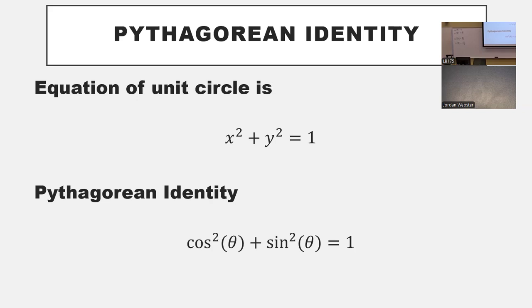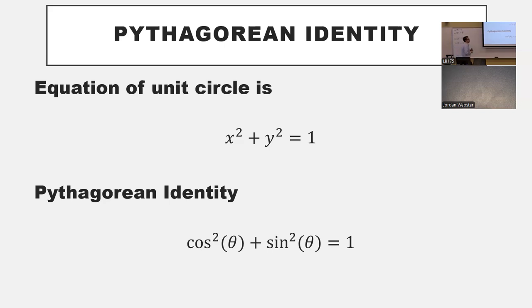Since every point on the unit circle satisfies the equation x squared plus y squared is equal to 1, that means if I take cosine of theta, since that was the x value of a point on the unit circle, and sine of theta, that was the y value on a unit circle, square each of those and add those up, I get 1.